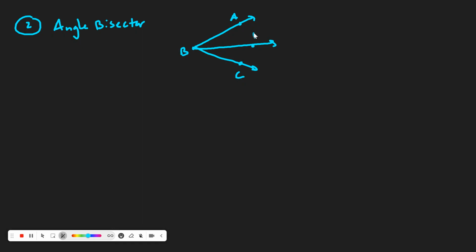You'll know it's an angle bisector because it creates two congruent angles, labeled with the arc marks. If ray BM is the angle bisector, then angle ABM is congruent to angle CBM. Again, we create congruent angles.